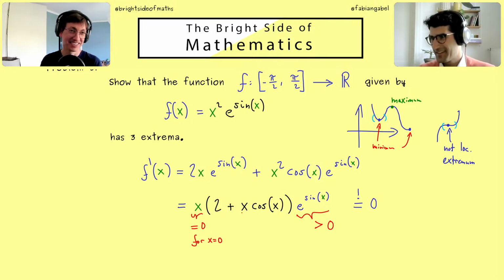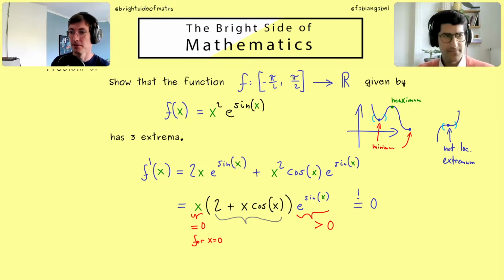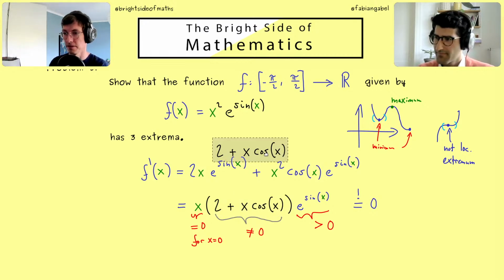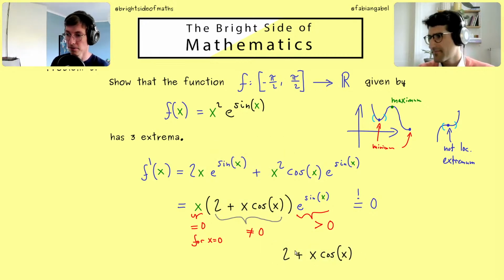But it's only one point. The other factor in the middle could also be 0, but I can already tell you this is also not 0 for any x at all. And you see that because, maybe we just omit the first part.